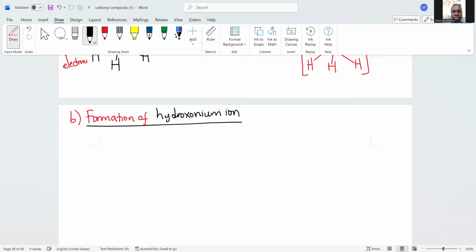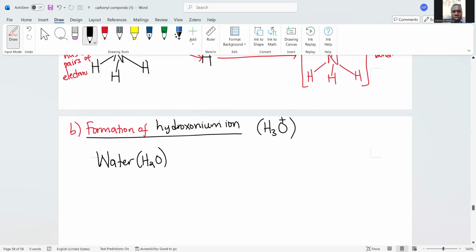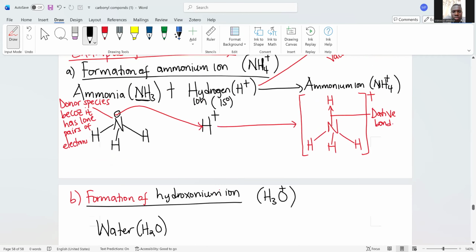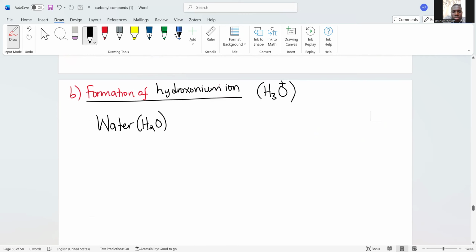This is the ion represented by H3O+. Where does it come from? It comes from water. Water is H2O. It comes from water, which is H2O, plus hydrogen ion. Hydrogen ion, H+, like that.